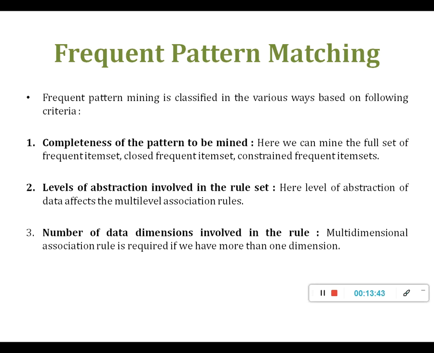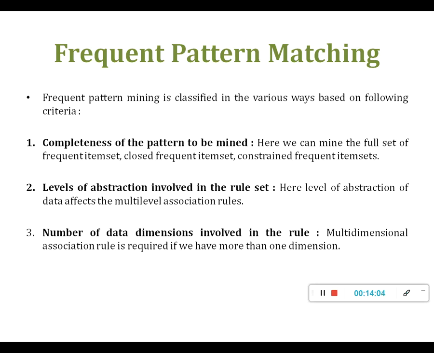Next is the number of data dimensions involved in the rule. Whenever we have multi-dimensional data, we store it in the form of a cube. A cube is a multi-dimensional data storage where we can store data in multiple dimensions, that is, more than one dimension. So a multi-dimensional association rule is required to handle such data.